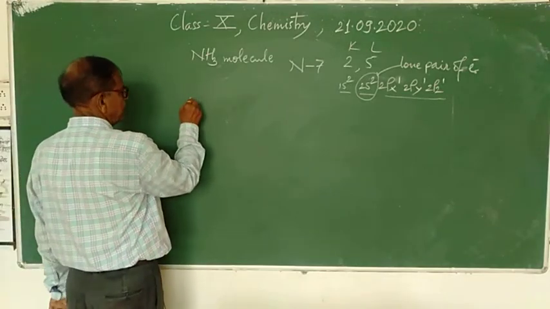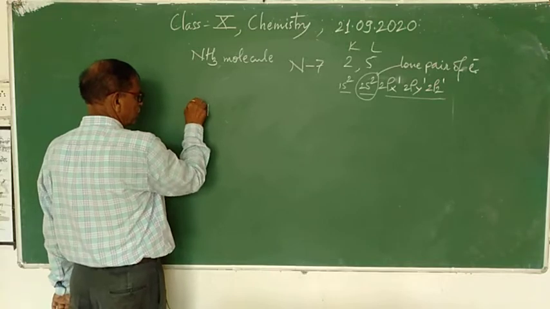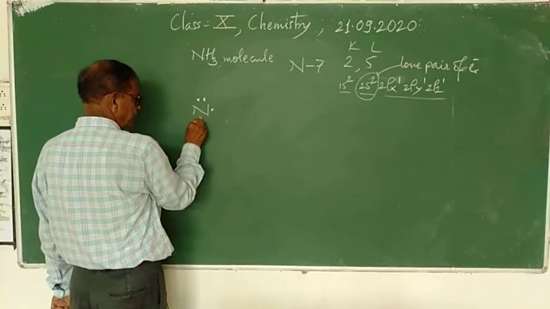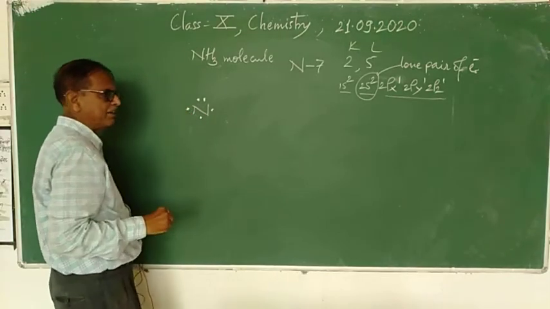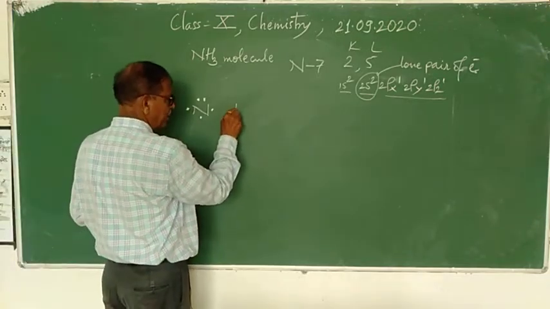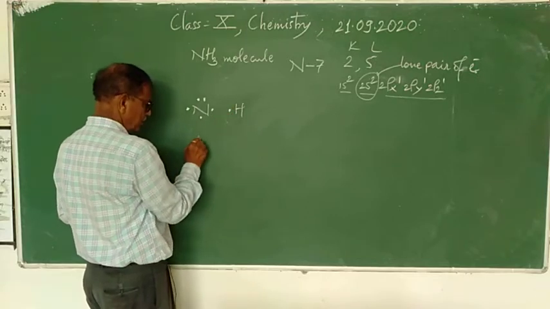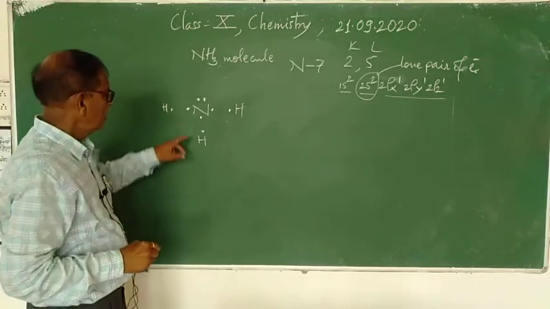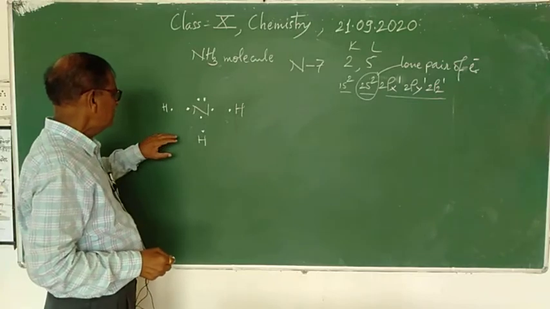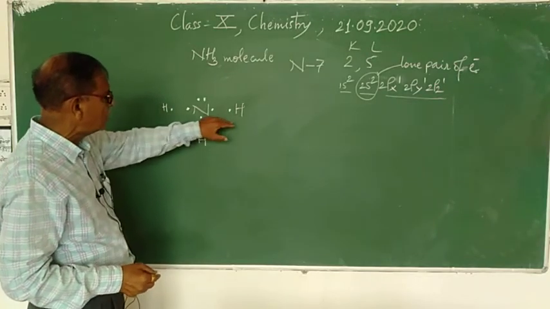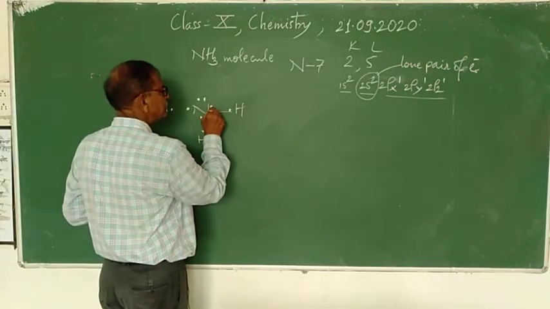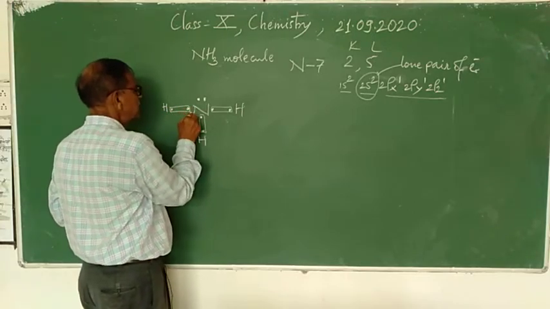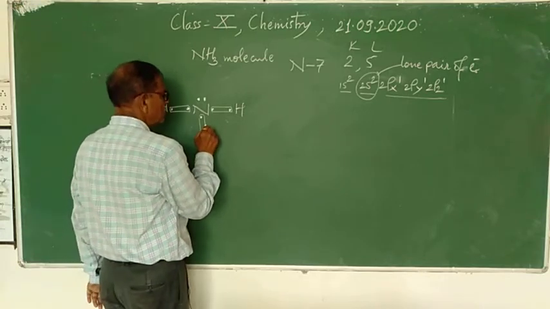So see, nitrogen has a 2s2 pair, 2px1, 2py1, 2pz1. Hydrogen has 1 electron each. The 3 unpaired electrons of the nitrogen atom undergo sharing with the 3 unpaired electrons of 3 hydrogen atoms, and thus the ammonia molecule is formed.